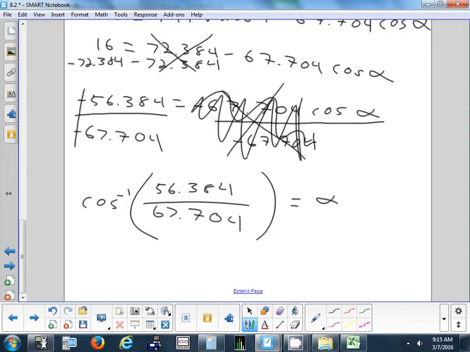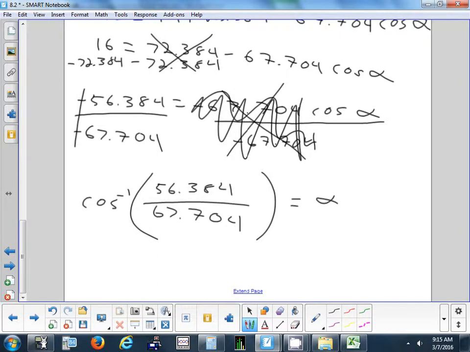Forget about the decimal, how do I know if I divide 56 by 67 it's definitely less than 1? Yep, 56 is less than 67. The number on top is smaller. If you ever end up with the number on top larger, that's a problem. Something went wrong with the arithmetic.